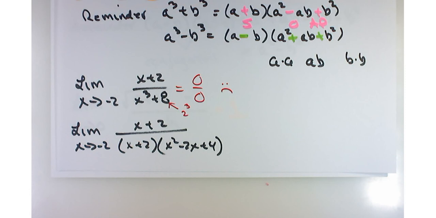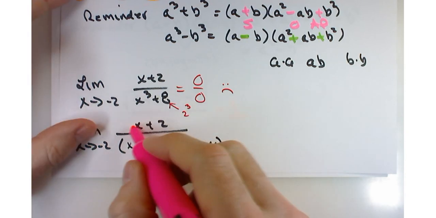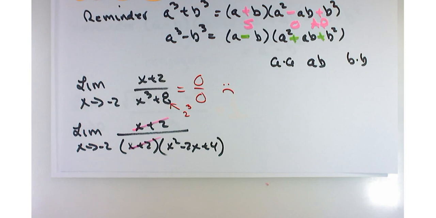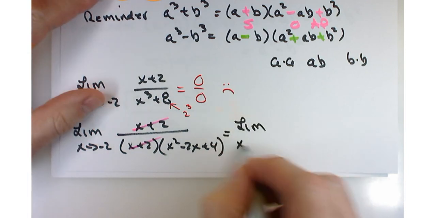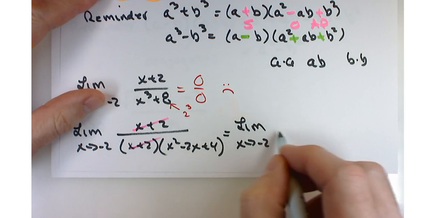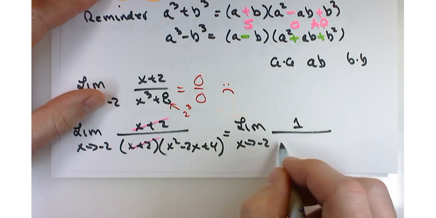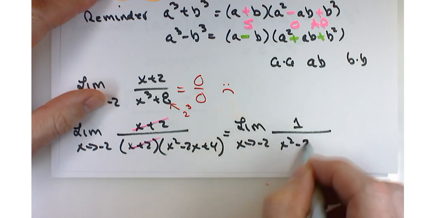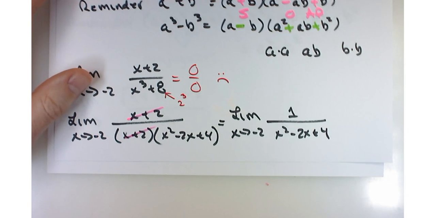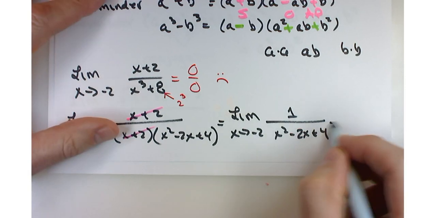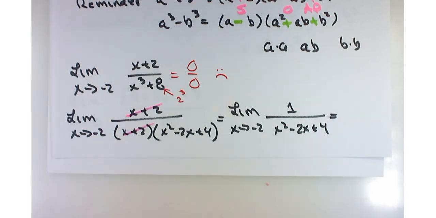Nate, what can I do? Cancel out that. Yeah, let's get rid of the x plus 2's here. So that's going to leave behind the limit as x approaches -2 of 1 over x squared minus 2x plus 4. And now what can I do?